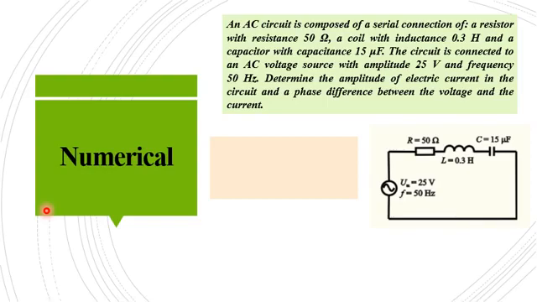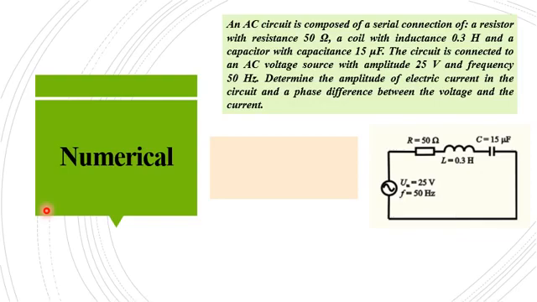The circuit is connected to an AC voltage source with an amplitude of 25 volt and a frequency of 50 Hz. Determine the amplitude of electric current in the circuit and the phase difference between the voltage and current.